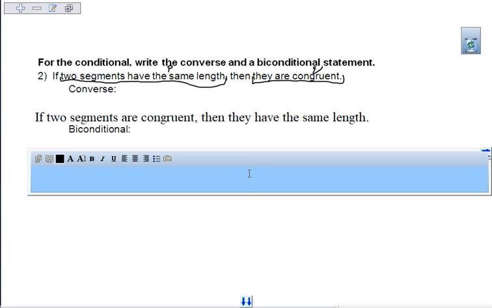Remember, the biconditional puts if and only if in the middle, keeps the same order as the conditional statement, and there's no if at the beginning. So: 2 segments have the same length if and only if they are congruent.